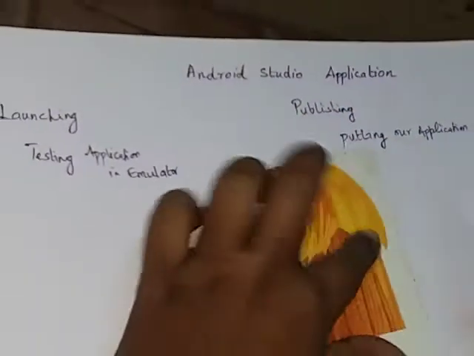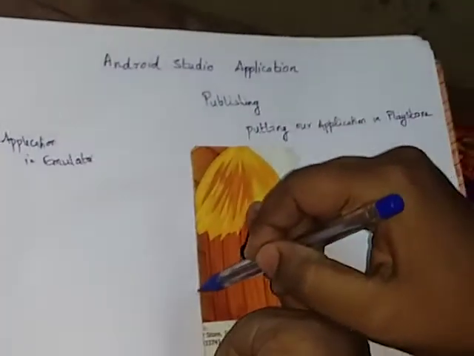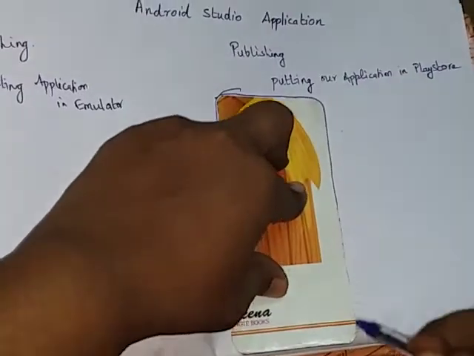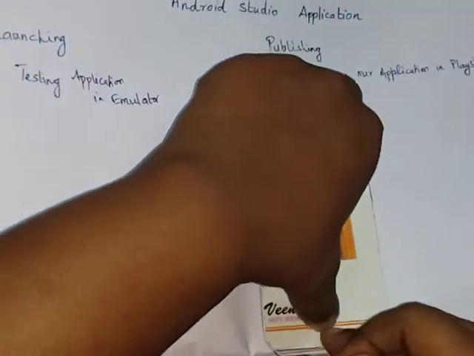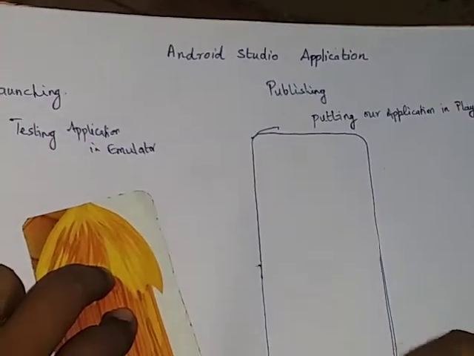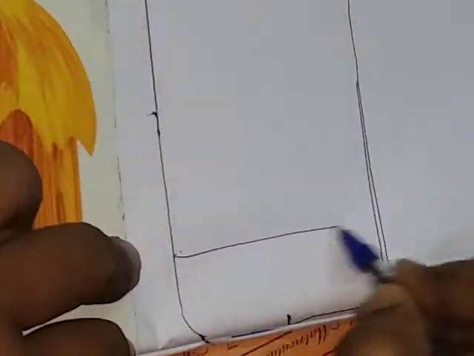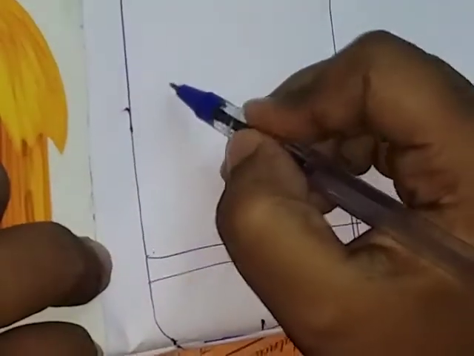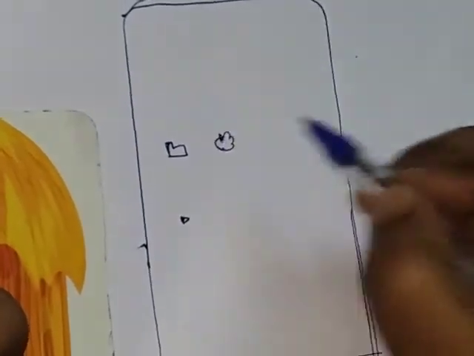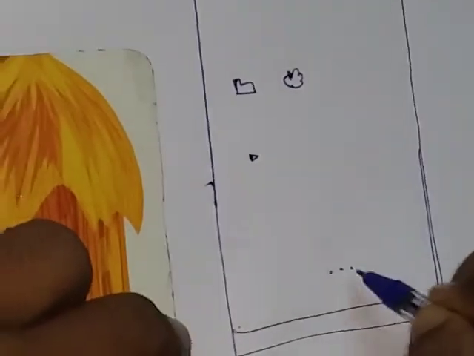For putting our application in the Play Store, suppose we have a mobile device, a smart device, an Android device. When we switch on our Android device, we can see many apps. There will be contacts, there will be gallery, there will be a menu, and like this there will be many applications.